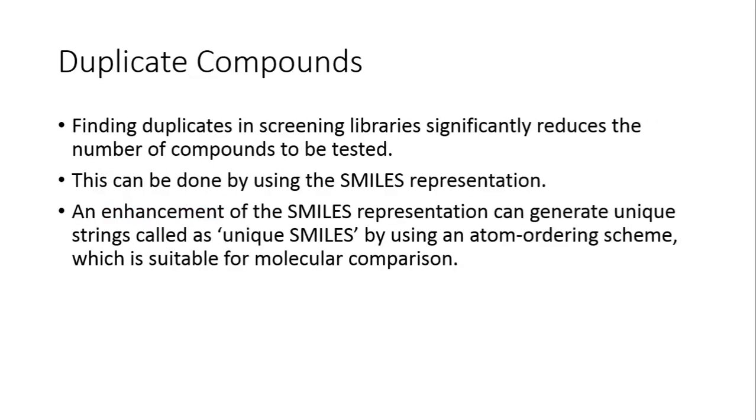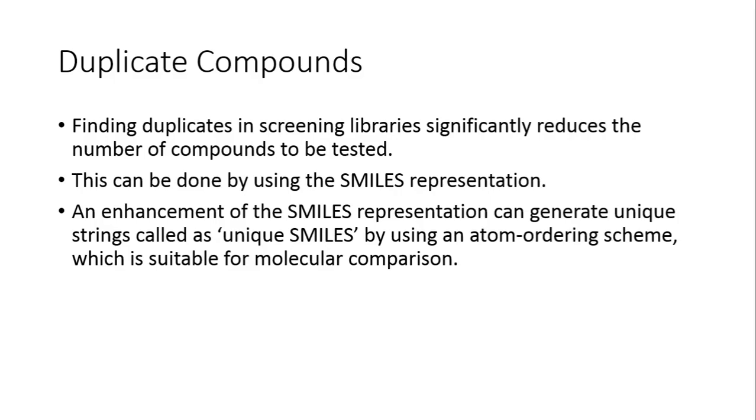Then the next major issue that you should be worrying about when you deal with a very huge compound library is that it might contain duplicate compounds. Finding duplicates in a screening library would significantly reduce the number of compounds that are to be tested. This can also be done by using SMILES representation.